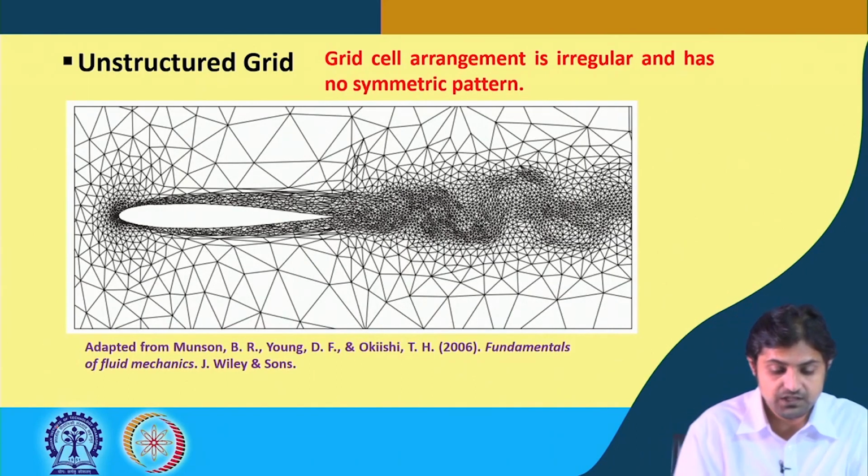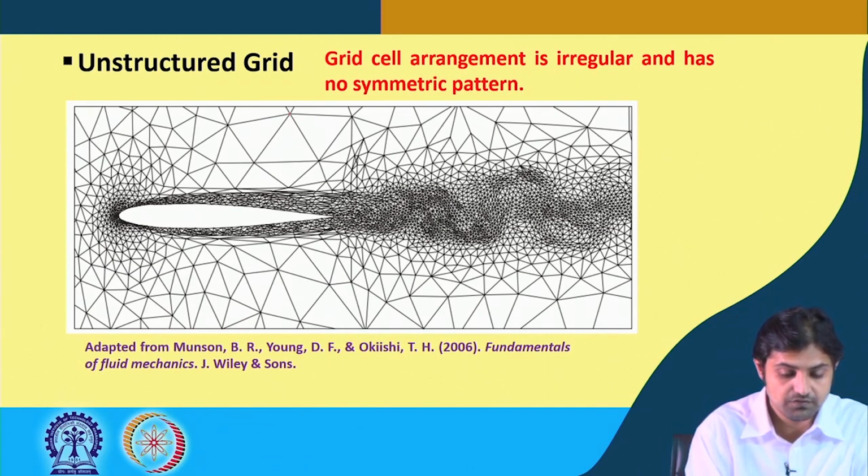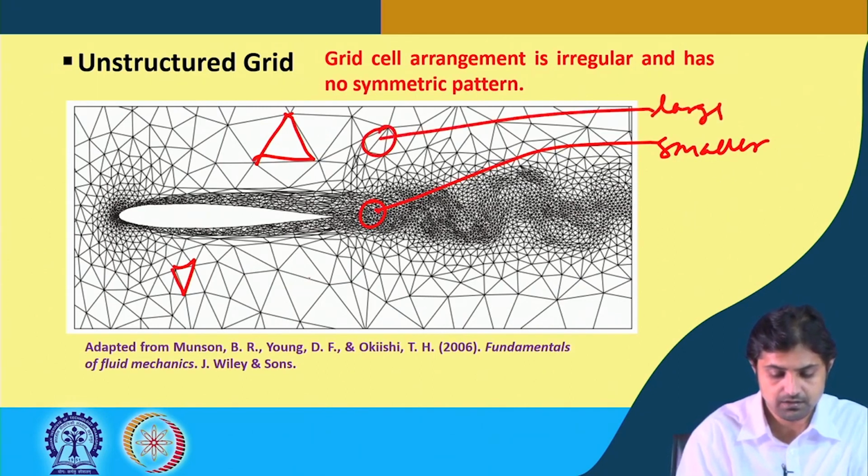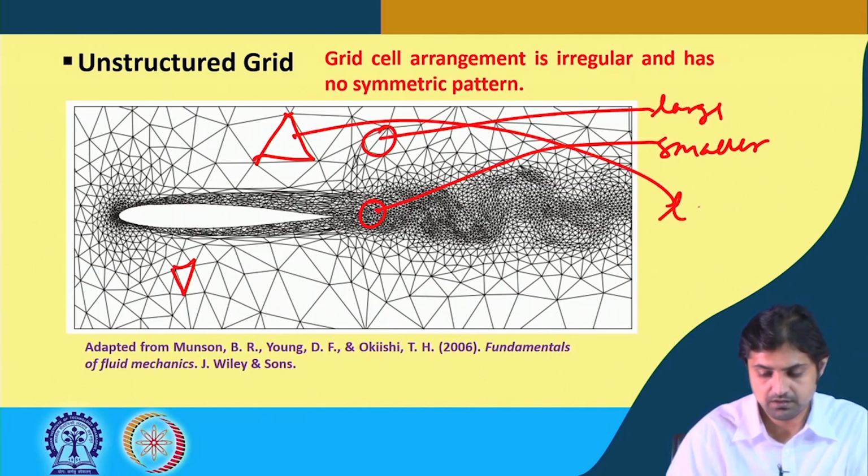Okay, so see the triangles, these are not of any specific same type. You see the cells here are very small, smallest is smaller than these ones here. Largest. Okay.